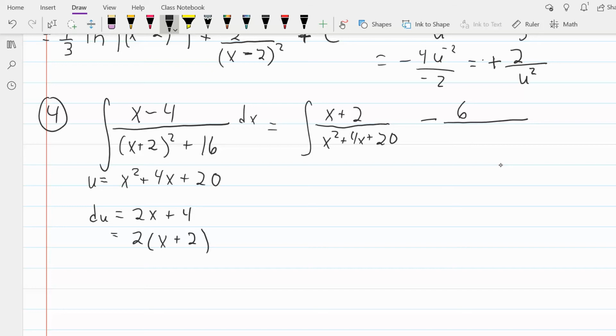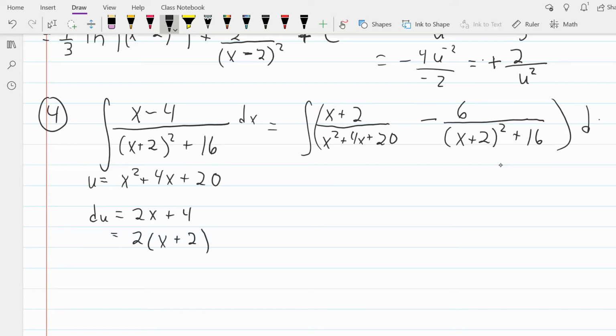I'm going to write the original denominator, because anytime I have a constant in the numerator, and then I have a variable squared like this, and I have a constant squared, that's an arctangent integral. Okay?